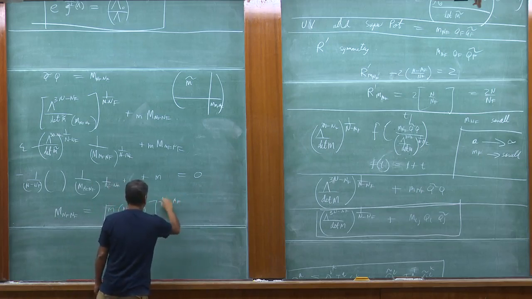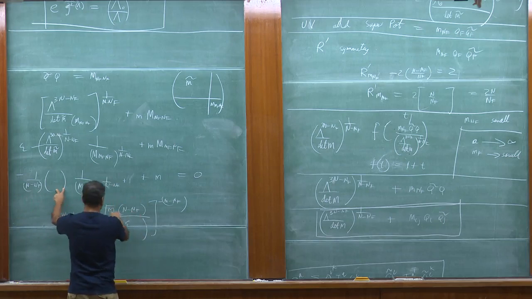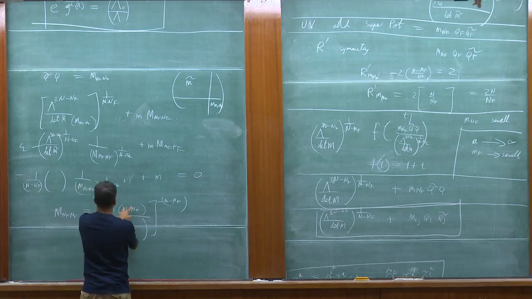Have I got this right, please? So I get m by zeta, that's correct. I get n by nf, that's correct.